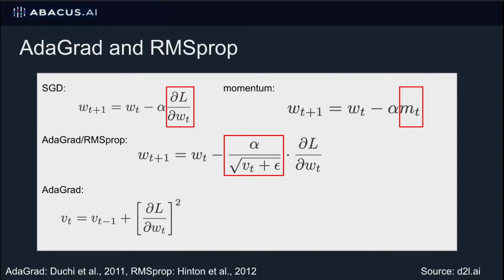To solve this vanishing learning rate problem, Hinton proposed RMSprop in 2012. With this method, the cumulative squared gradient is replaced by an exponential running mean of the squared gradient.